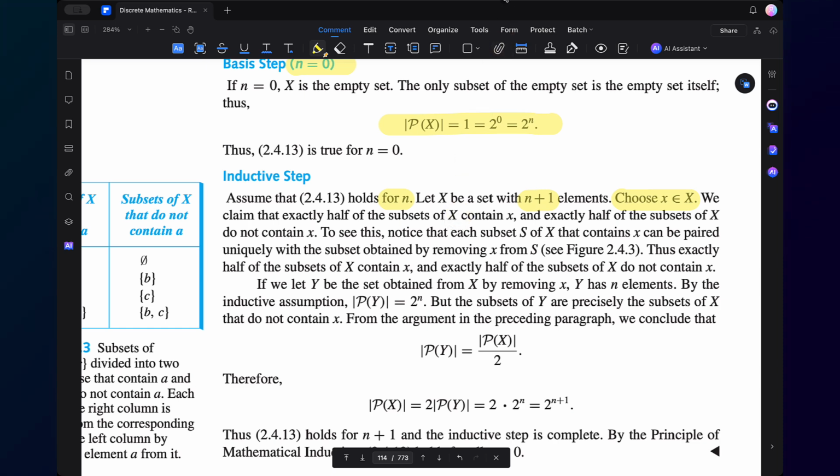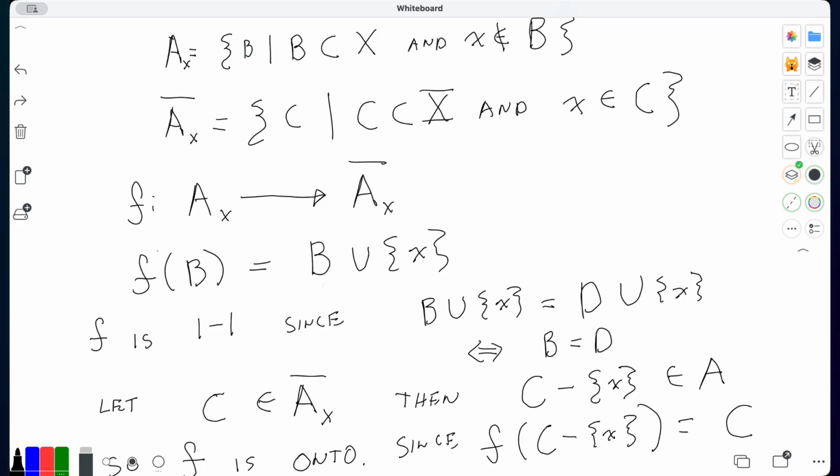Let me take a little pause. I want to show you a proof of this one fact, to help us in the proof we're about to finish. If I look at these two sets, they have the same size.